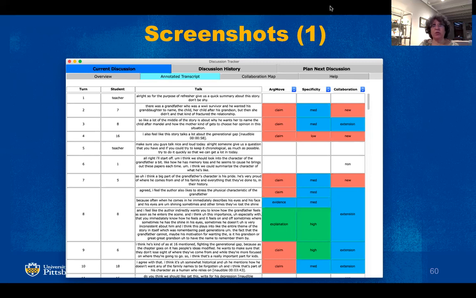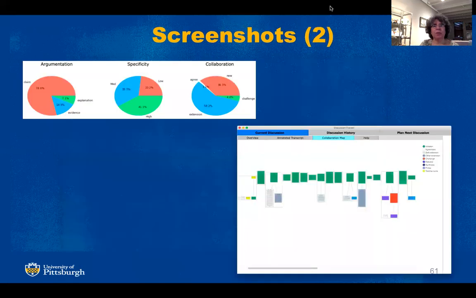So the idea is teachers use this over time so they can compare how the argumentation varies after different instructional interventions, and they can also use their analyses to plan and explicitly track goals. In addition to that very fine-grained view, we can see these higher level views just to give an idea of the distribution.